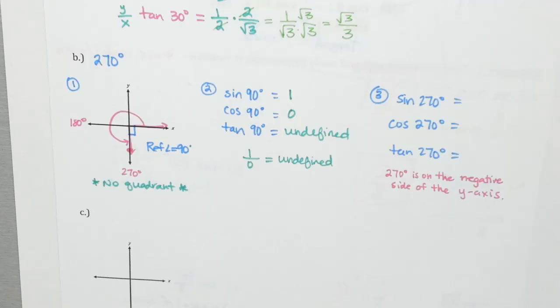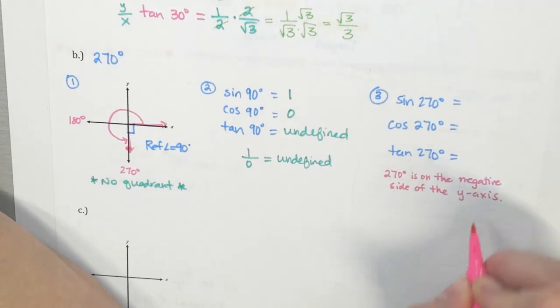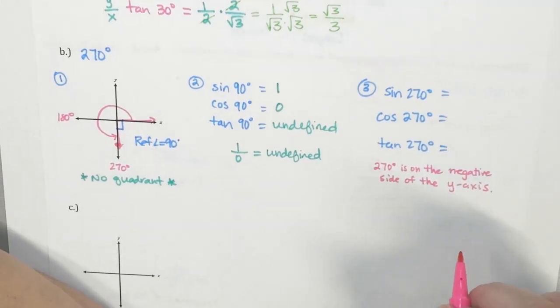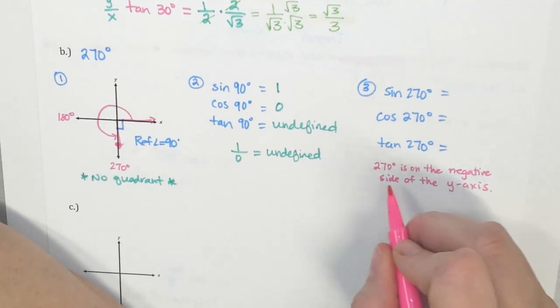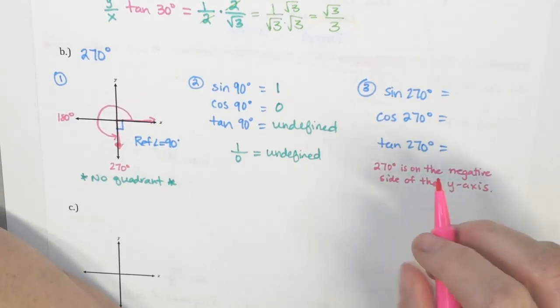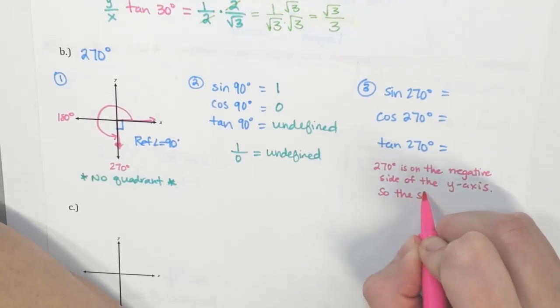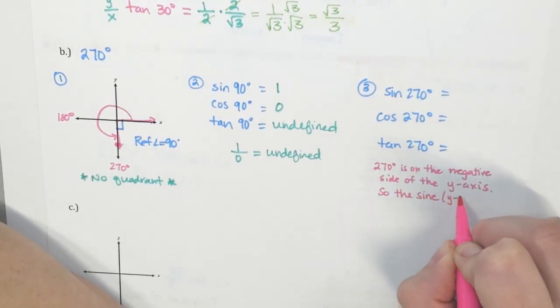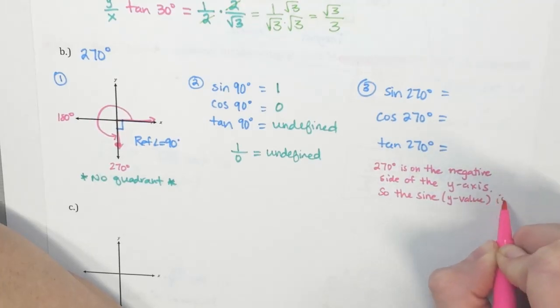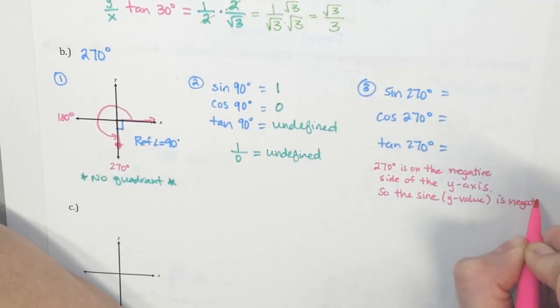And this can happen with both axes. Could be on the positive side of an axis, could be on the negative side of an axis. Okay, because this is on the negative side of the y-axis, what do you guys think that means? Well, yep, your y value is going to be negative. So the y value correlates to what? So the sine, which is the y value, is negative.